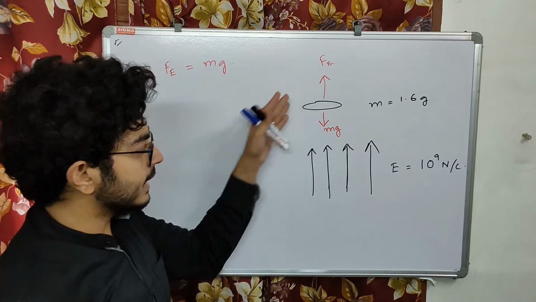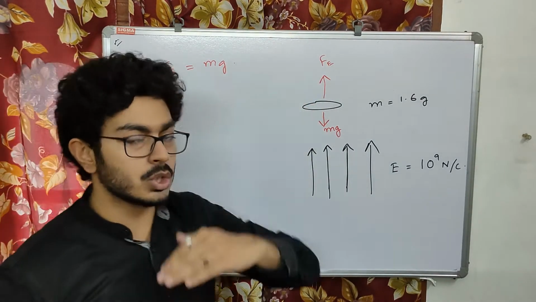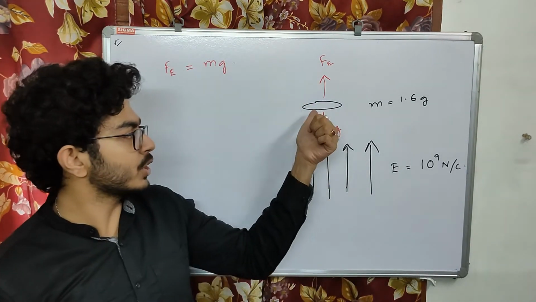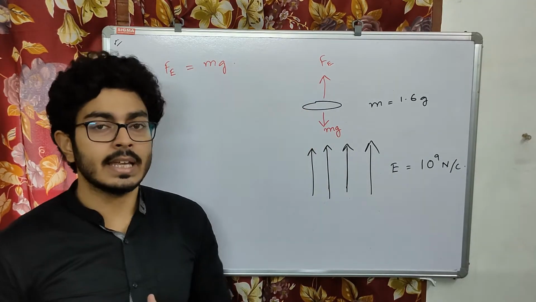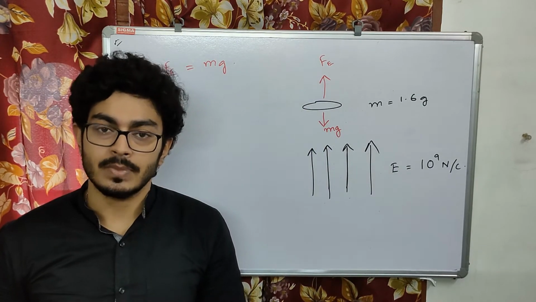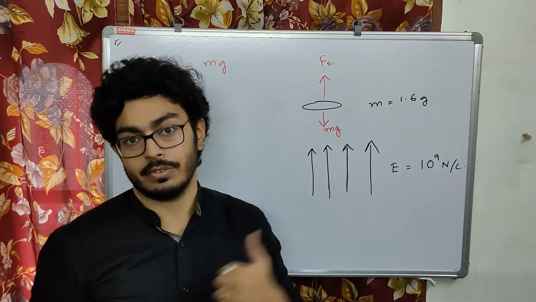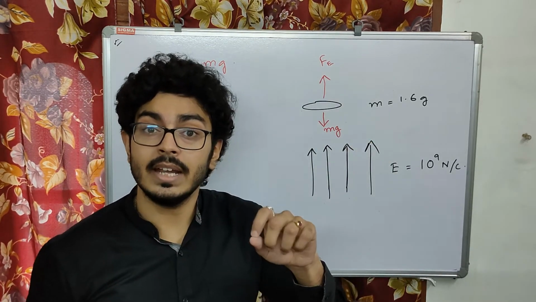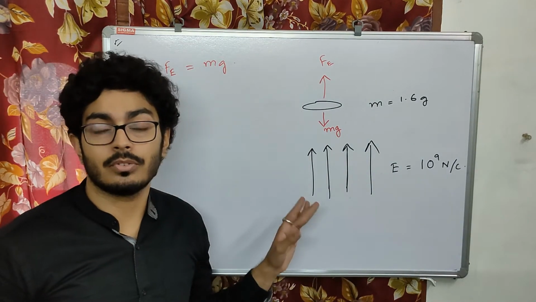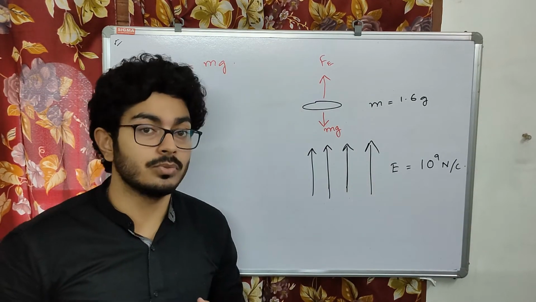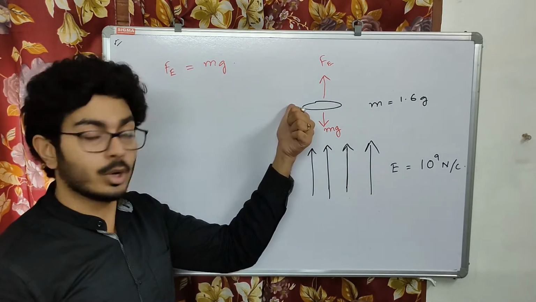See, if I remove 2 electrons from this coin, then this coin will gain 2 positive charge. If I take 3 electrons away, this coin will gain 3 positive charge. So how many electrons must I remove so that this gets a positive charge?